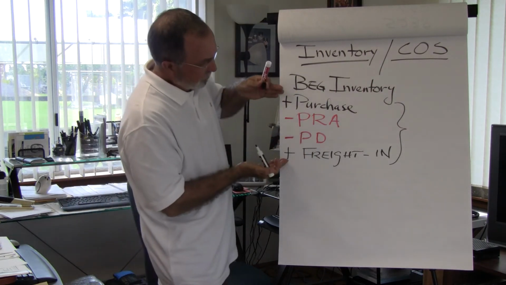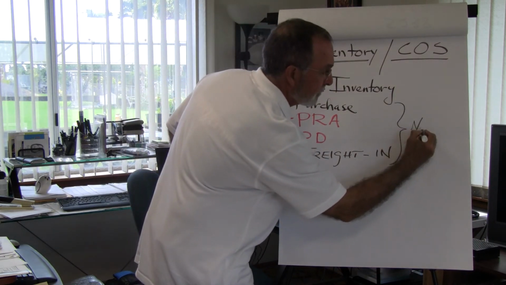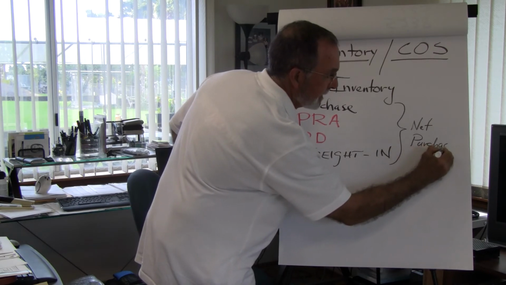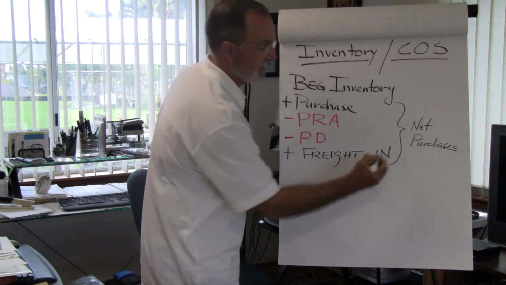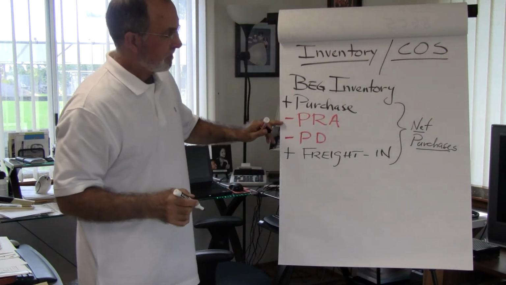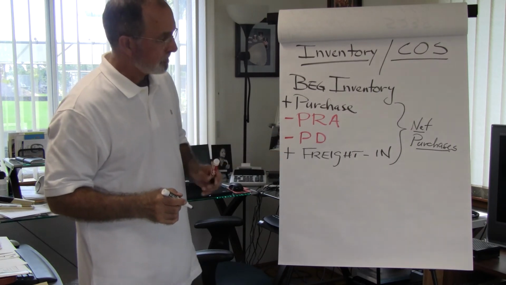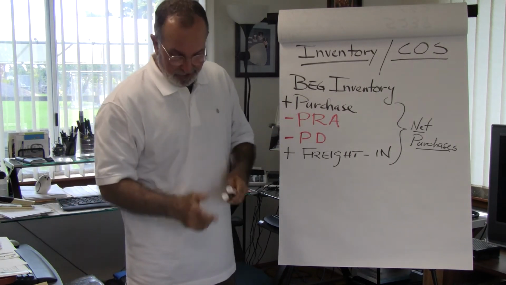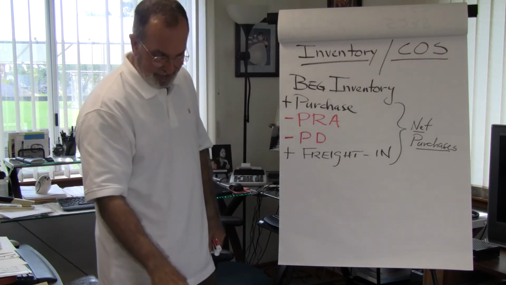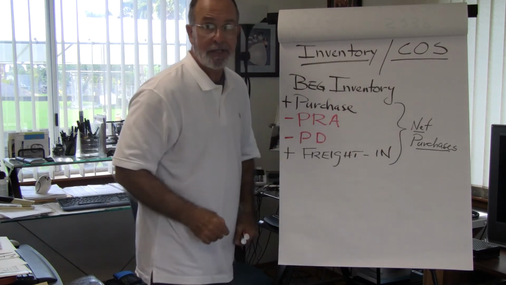We would group these 4 accounts and refer to them collectively as net purchases. Net purchases: purchases net of returns and allowances and discounts plus freight in. And so on page 312, Exhibit 7.3, that purchases amount would really be our net purchases.